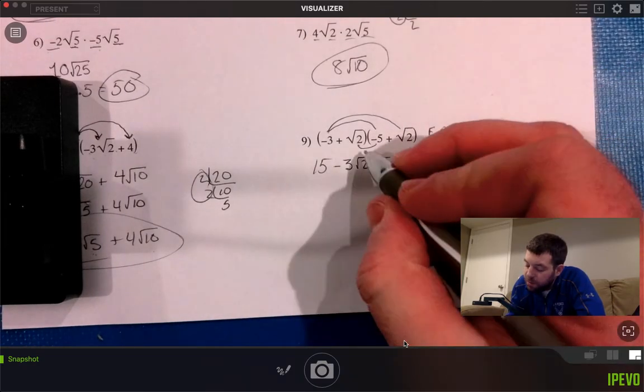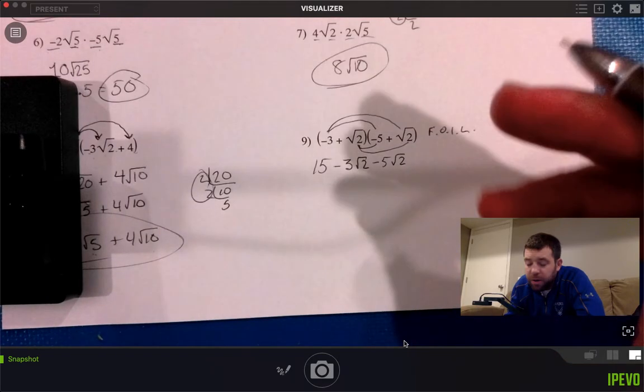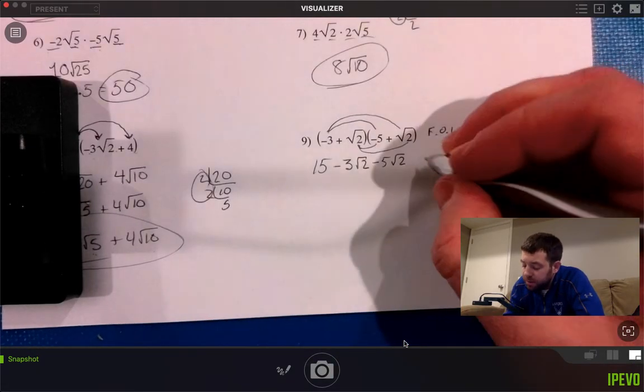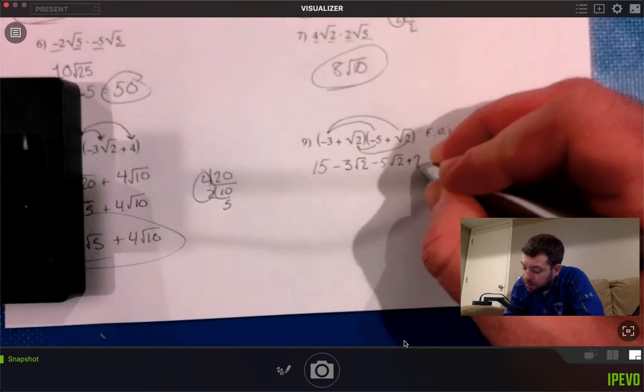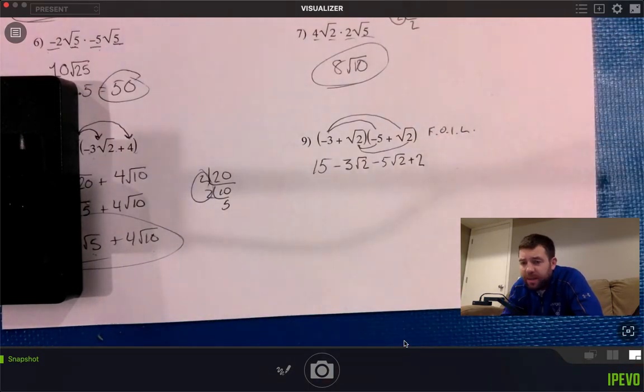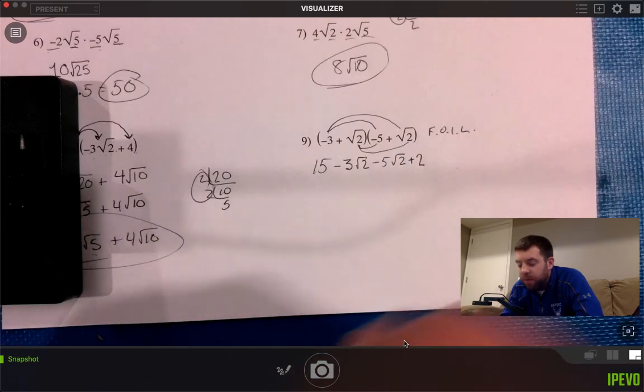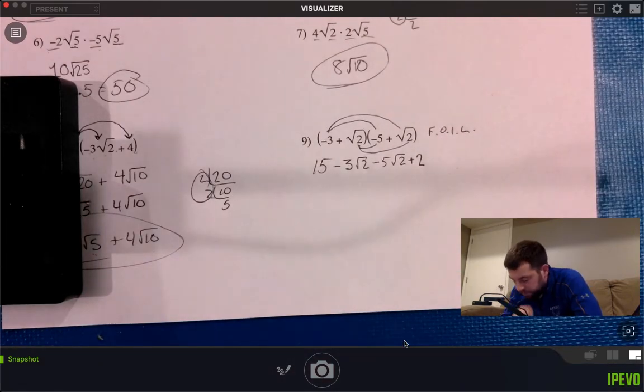And I'm going to do my last. And guys, we know that a radical 2 times radical 2 is just positive 2. Remember, if I take a radical times itself, it's going to give me that number, because it's what times itself gives you that. So you would end up getting radical 4, which gives you 2 anyway. So radical 2 times radical 2, you drop the radical, and it's a 2.